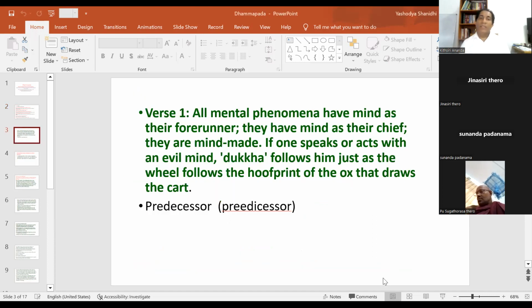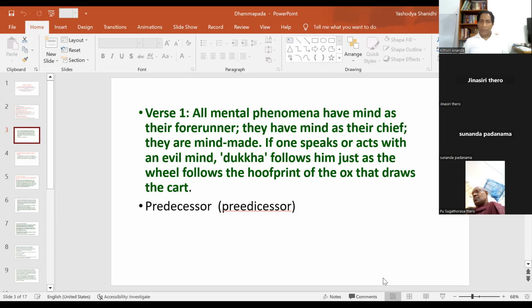I can share these wordings with the group. All mental phenomena have mind as their forerunner. This is how we find that there are different translations. You can surf the net and find all different types of translations. All mental phenomena have mind as their forerunner.